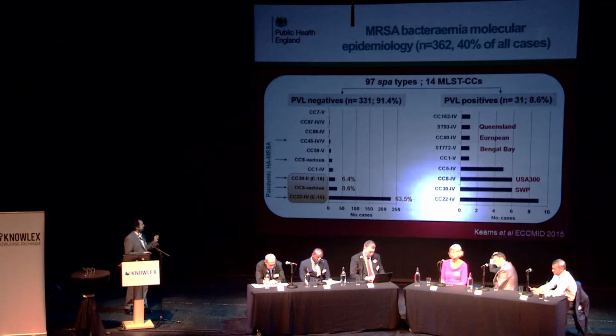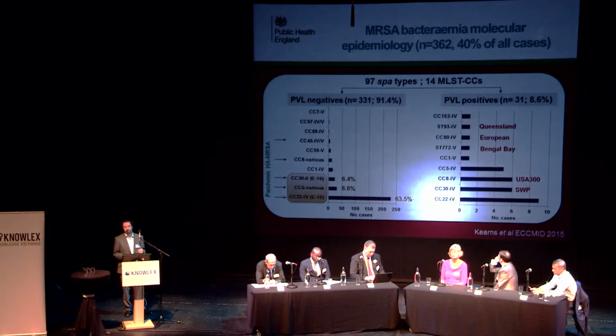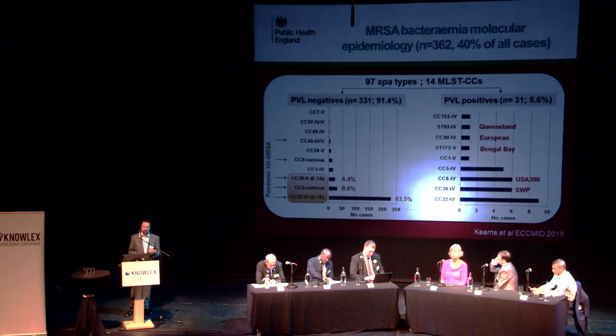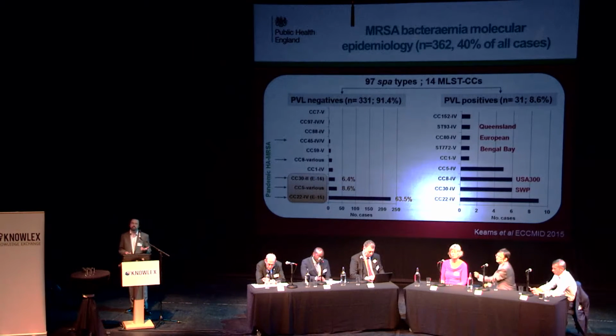In fact, we saw E16 start to decline prior to the large declines we saw in MRSA in general, which means that epidemic 15 was the strain causing the vast majority of our MRSA, and these were strains associated with healthcare as well.